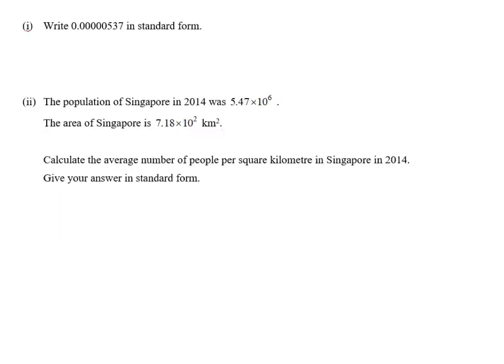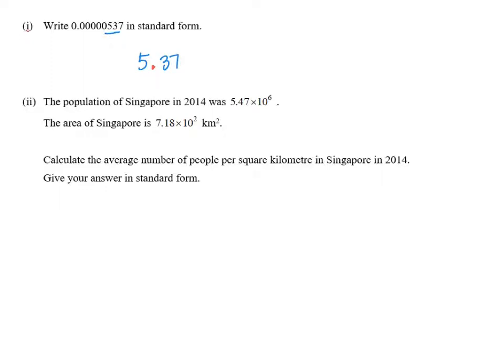Next part of the question, write the following number in standard form. Now this is a very, very small number, and I have the numbers 537 over here, the main key numbers. I need to express the whole thing in standard form by writing it as a number that is more than 1 but less than 10 times 10 to the power of something. So where should I put my decimal place? In this case, it should be 5.37, right?